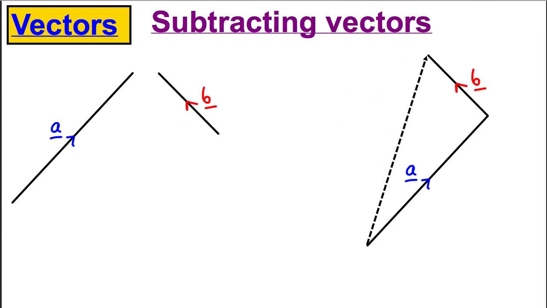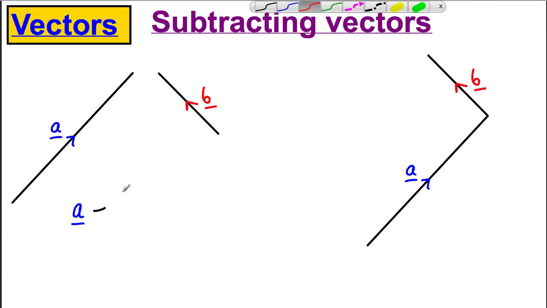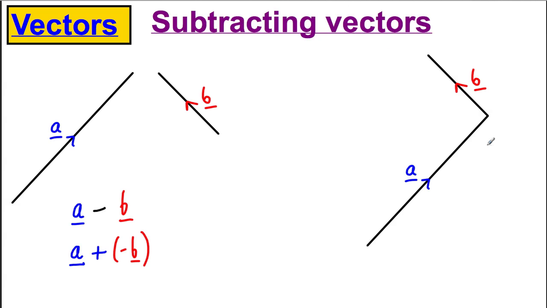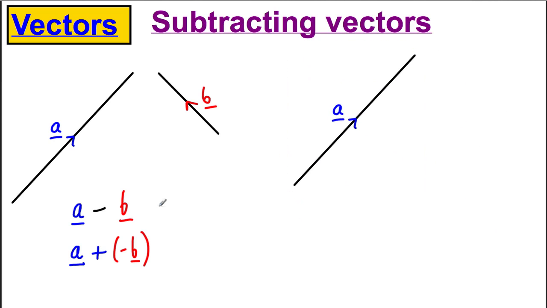What does A minus B mean? Well, A minus B, we take that to mean, and we define this to mean, the A vector, and you add the negative B vector. That's what we take it to mean. So therefore, if this is our vector A and we want to work out A minus B, we add the negative B. Now that's B there, so we'll copy that.